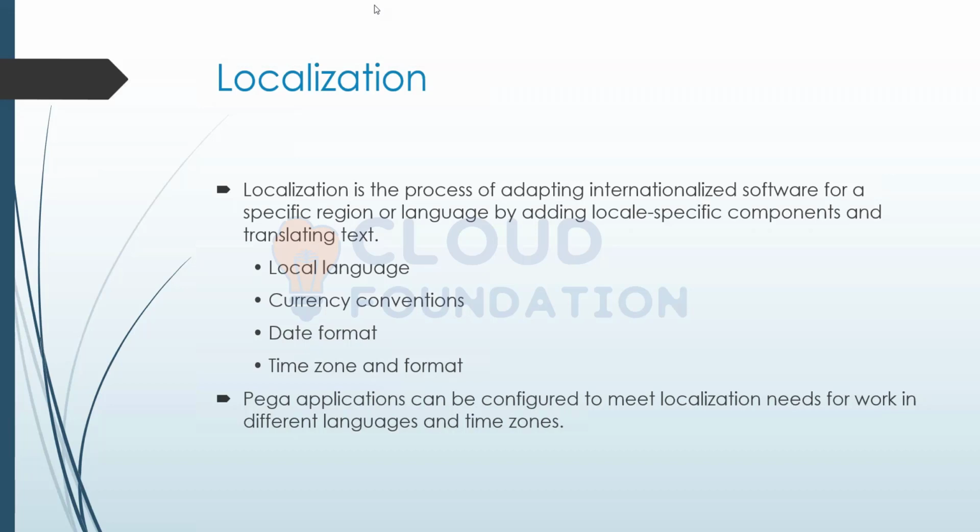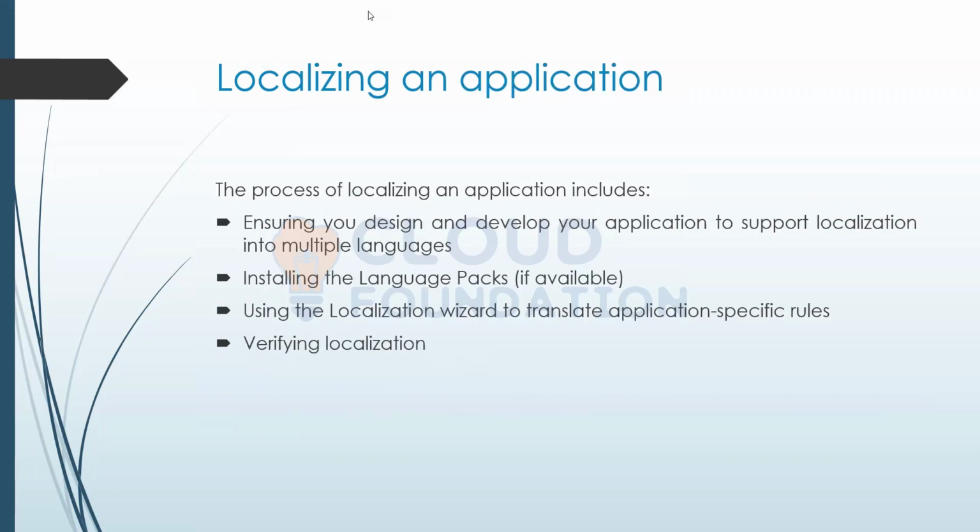All these things are what we localize using this wizard. Localization makes it easy for people to access the application. Let's see what process is involved and how we will look at that wizard.